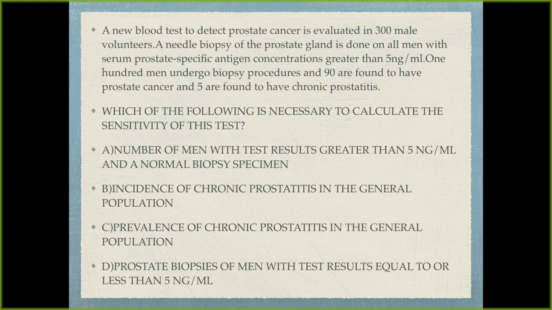Which of the following is necessary to calculate the sensitivity of this test? The options are number of men with test results greater than 5 nanogram per ml and a normal biopsy specimen, incidence of chronic prostatitis in the general population, prevalence of chronic prostatitis in the general population, prostate biopsies of men with test results equal to or less than 5 nanograms per ml.